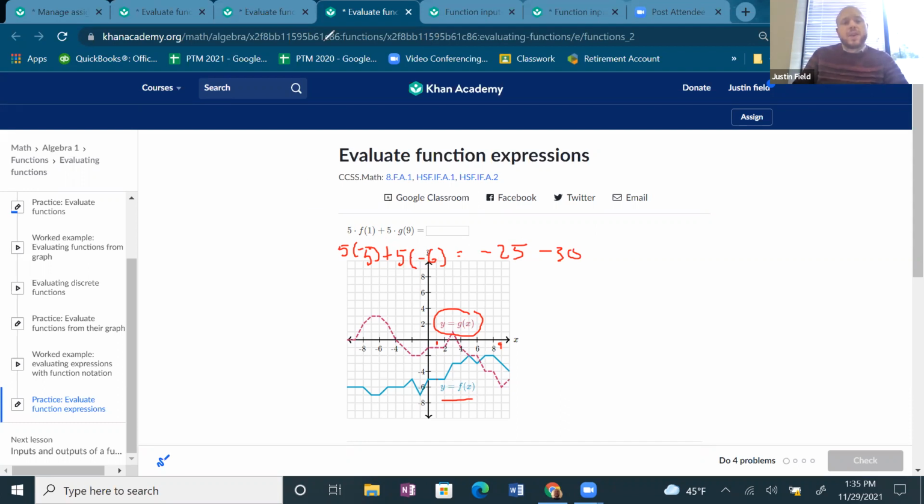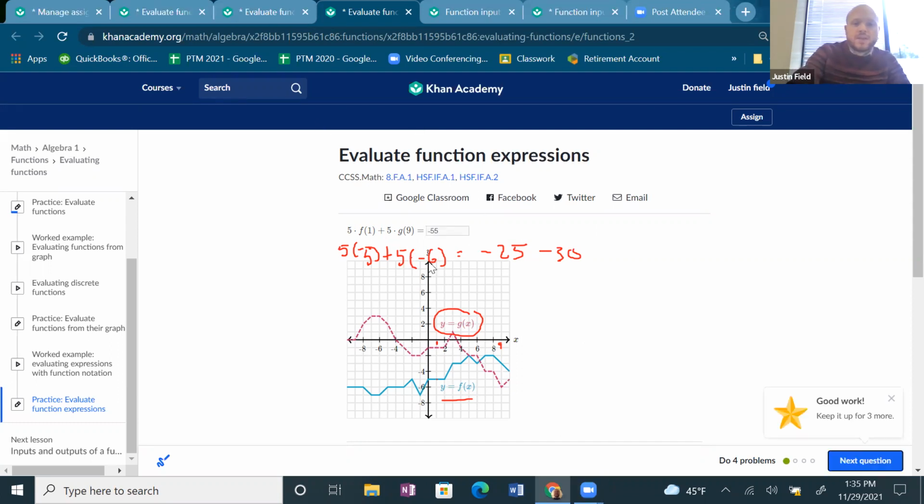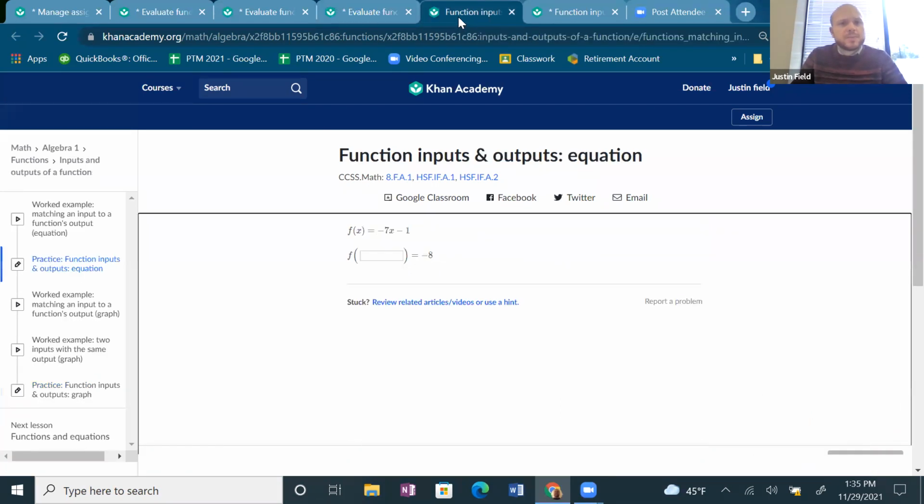So when we add those together, you get -55. So let's see if that's right. Is that right? That's right. So that's how you do that one. That is a commonly missed one, but I hope that helps you.